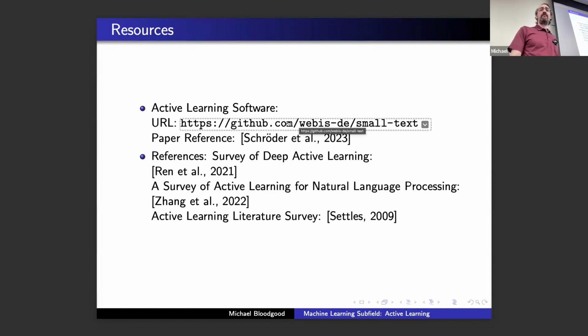We found it to be really good, very clear. It's easy to read the code and understand it. And maybe most important, the developer of the software is very responsive, and it's very actively maintained. So if you're interested in coding up active learning stuff, that might be a nice start if you don't want to code it all from scratch yourself.